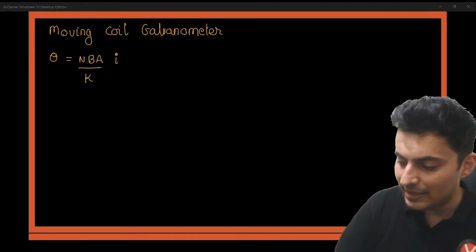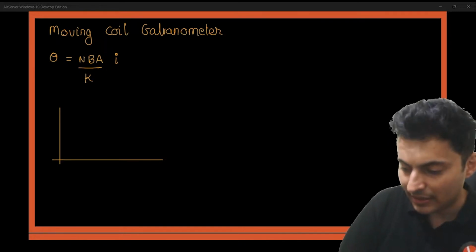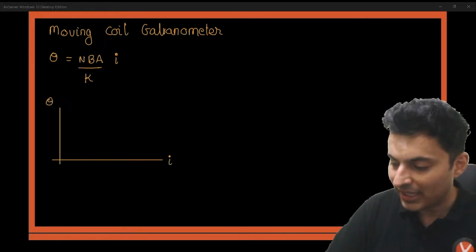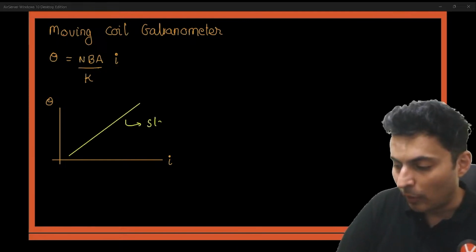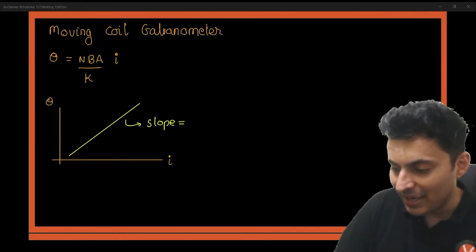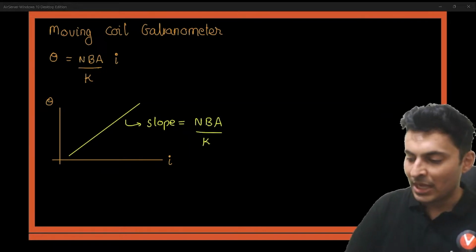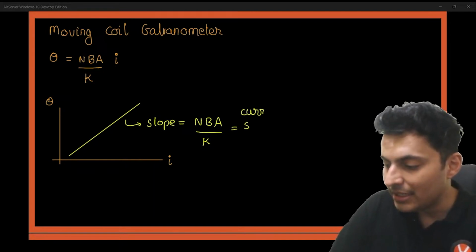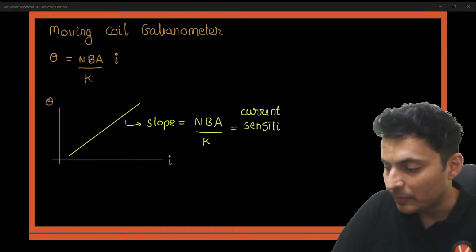So you can clearly see my deflection theta is directly proportional to the current, so the graph will be a straight line. In fact, the slope of this graph will be NBA divided by K, and this is called the current sensitivity.